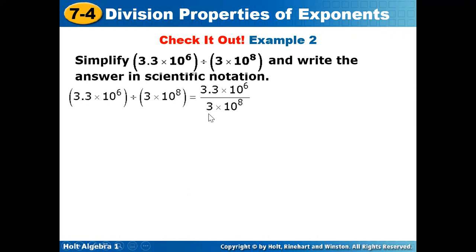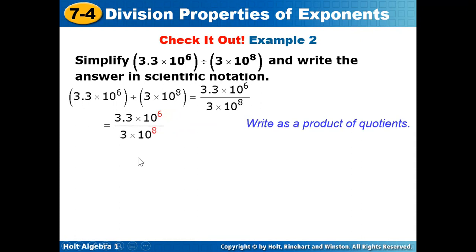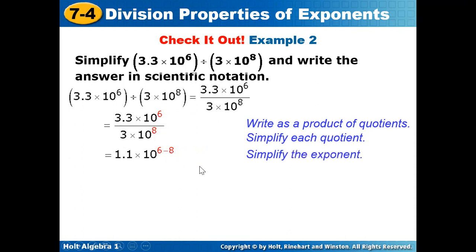We're going to do the operations individually and then multiply. 3.3 divided by 3 is 1.1. 10 to the 6 divided by 10 to the 8 is 10 to the 6 minus 8. 1.1 times 10 to the negative 2.